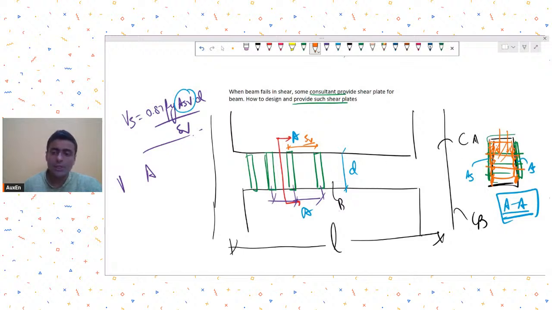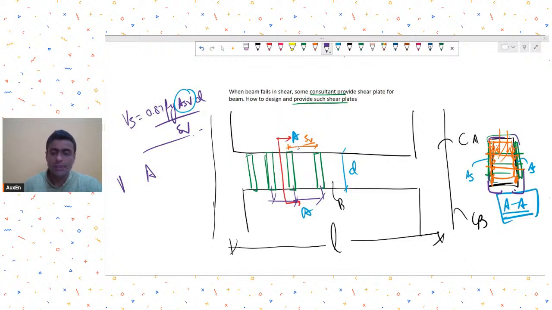These shear plates were further joined with the longitudinal bars by further arrangement, so as to ensure proper shear transfer. This is what we did by adding these shear plates.